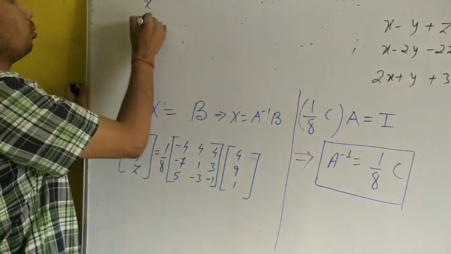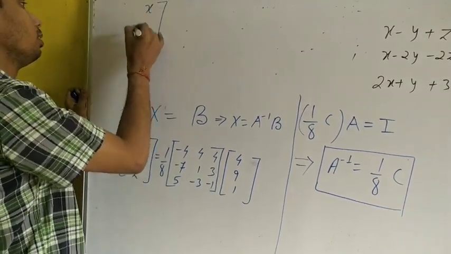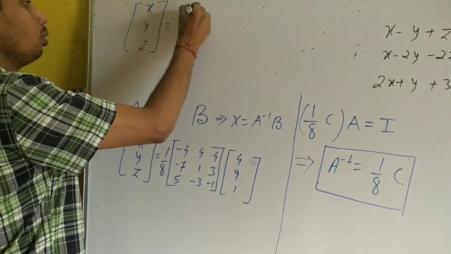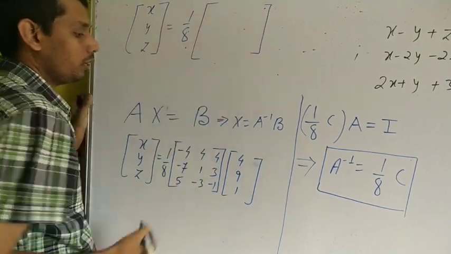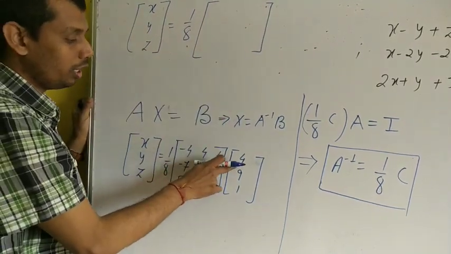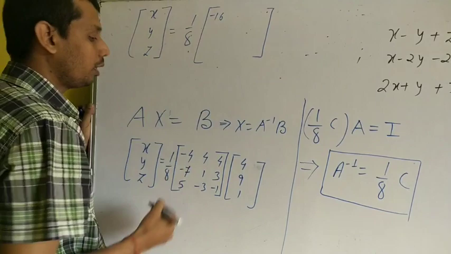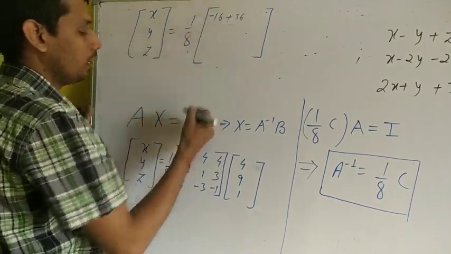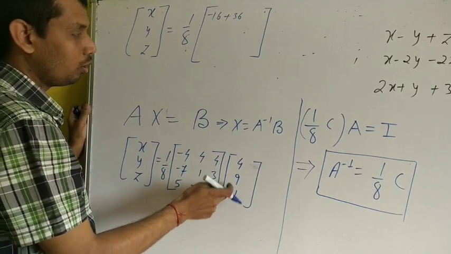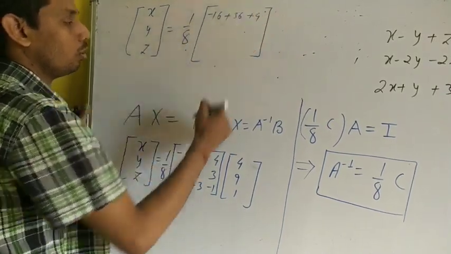Here x, y, z is equal to 1 by 8 into, now see, this minus 4 into 4, minus 16, 4 into 9, this is 36, 4 into 1, this is 4.